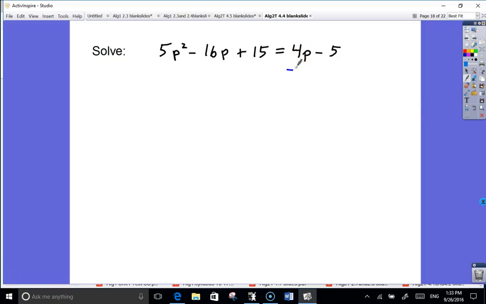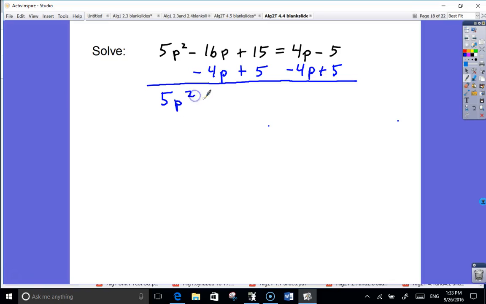So subtract 4p and add 5. So now we have 5p squared minus 20p plus 20 equals 0.